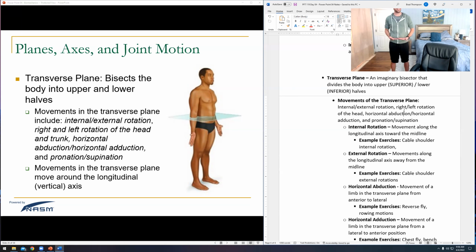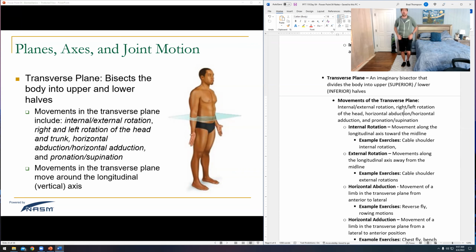Sorry. So they got the transverse plane, right? We twist, so it's the twisting motion. But that slide, think of it like if I slid on my bed like this, like a chest fly or a reverse fly or a row or a press.